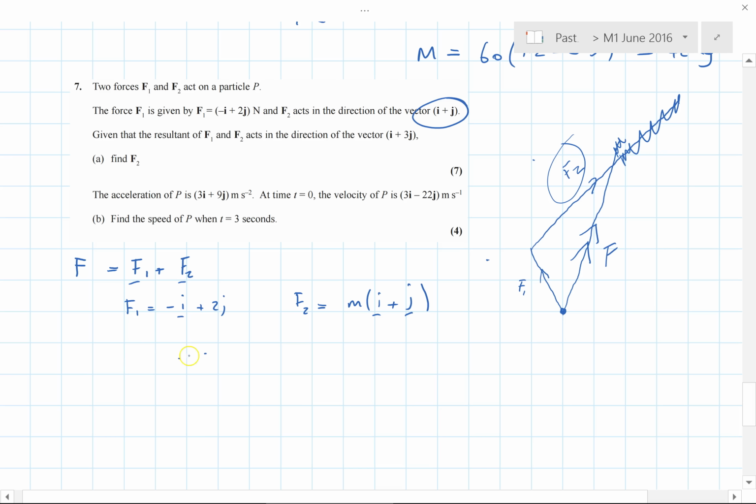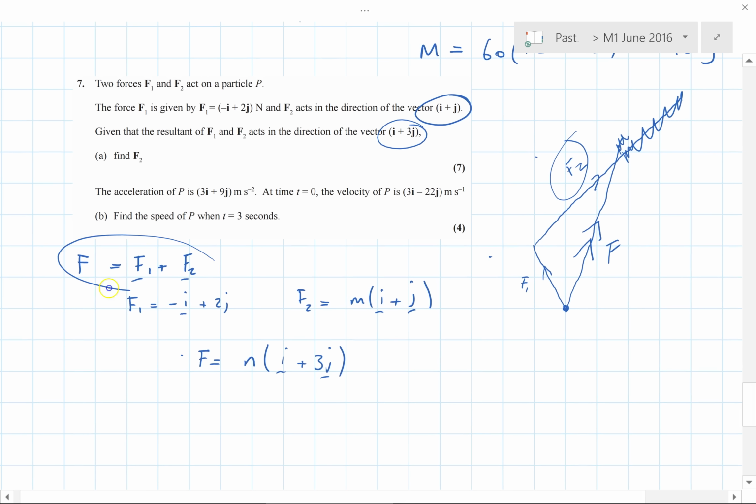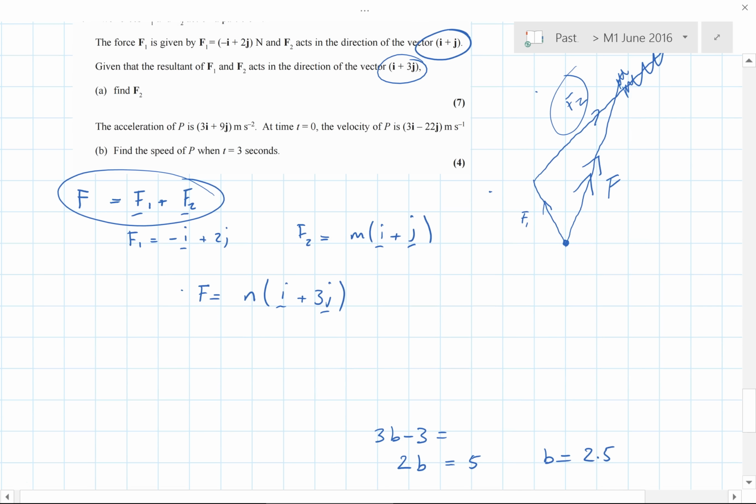Now we're also told the direction of F. As I said, it's in i plus 3j. Let's call that n times i plus 3j, just arbitrarily chosen. I didn't want to choose x and y or a and b, but I could have. So F is equal to n(i plus 3j), for some value of n. Now we know that F equals F1 plus F2.